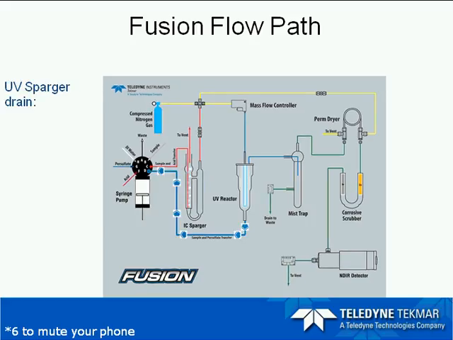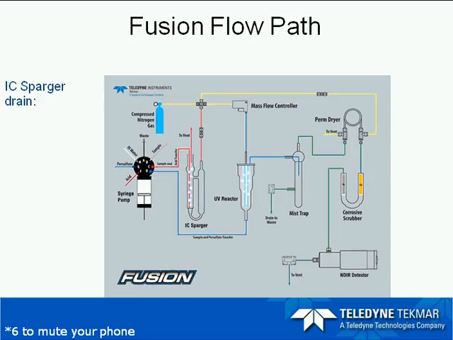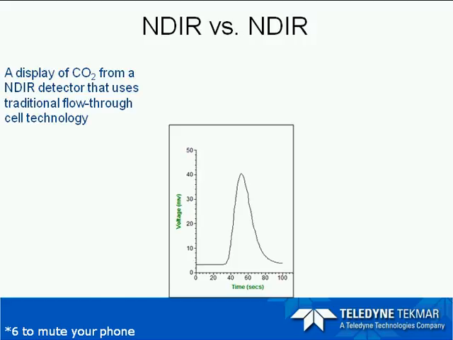And this is what's taking place here. We're draining the UV reactor, rinsing it with reagent water, and proceeding to the next sample or sample replicate, which is in the IC sparger still. Of course, here, as I stated, you can see the IC drain.